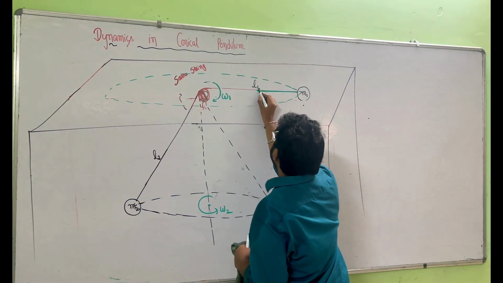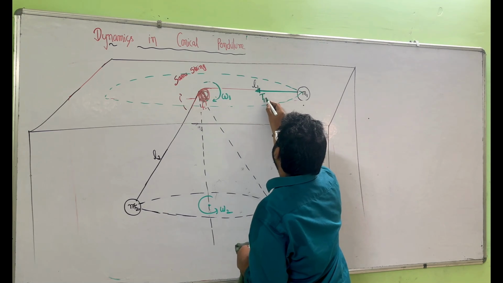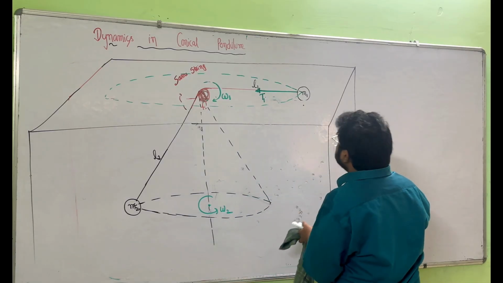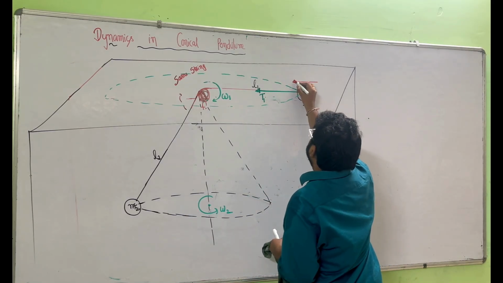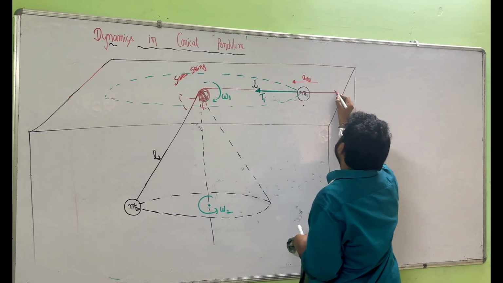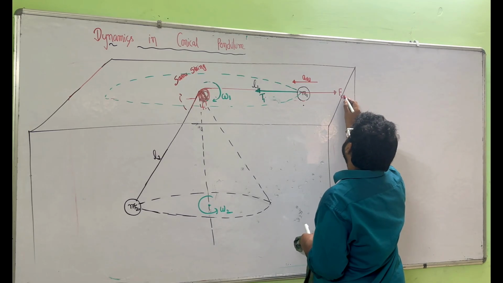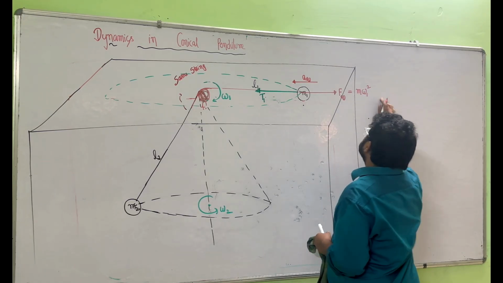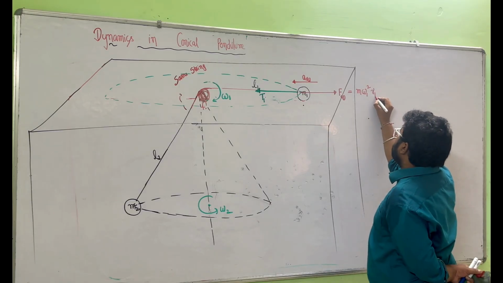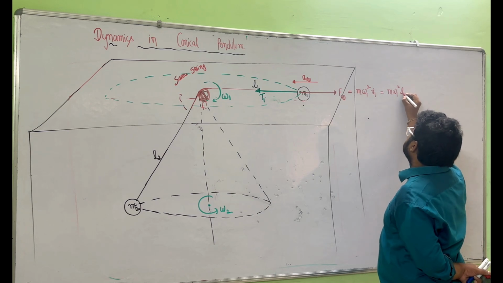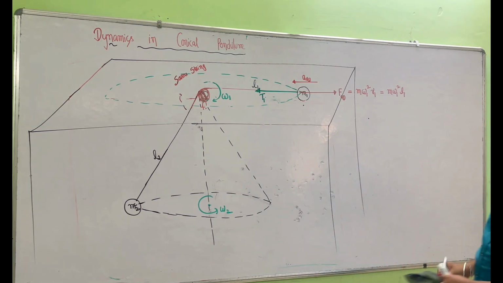Tension always pulls the body, T1 equals T. This is T1. Radial acceleration is towards the center of circular motion. Centrifugal force always acts away from the center of circular motion: M omega 1 square R1, where R1 equals L1. So it is M omega 1 square into L1.